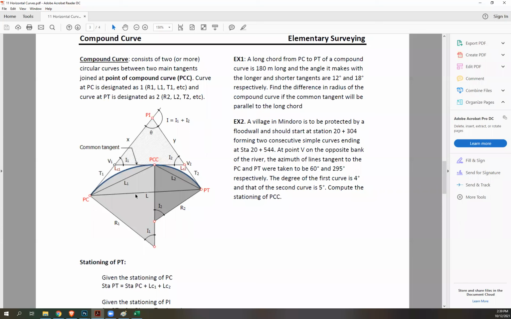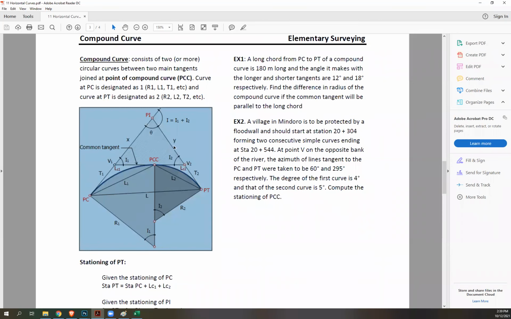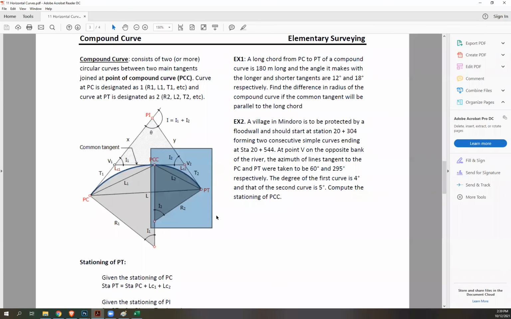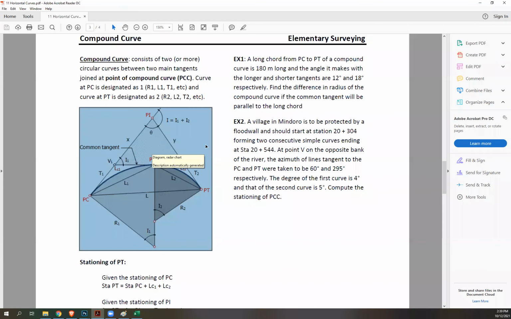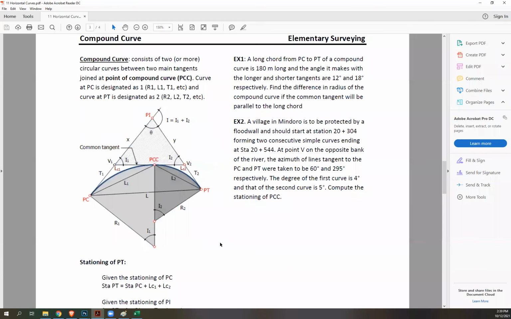So considering this as a single curve, it has its own angle of intersection, I1. Same thing here with this second curve. It has its own angle of intersection, I2. The sum of that is the angle over here. Okay? And then all of the equations are the same for each individual curve.